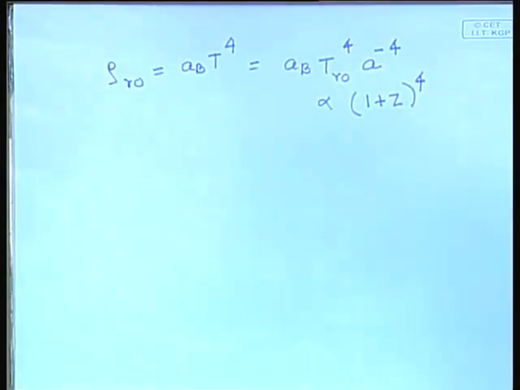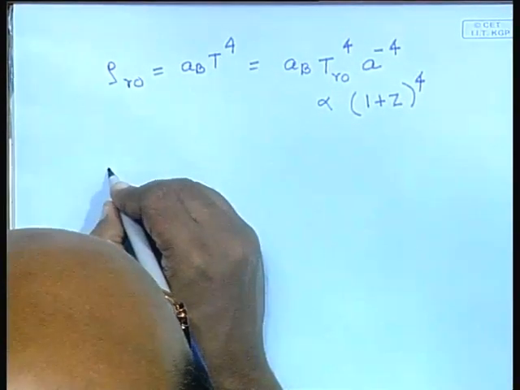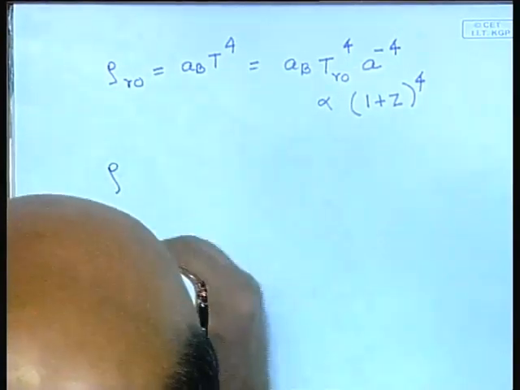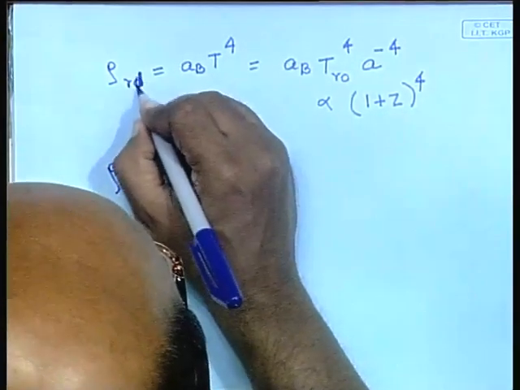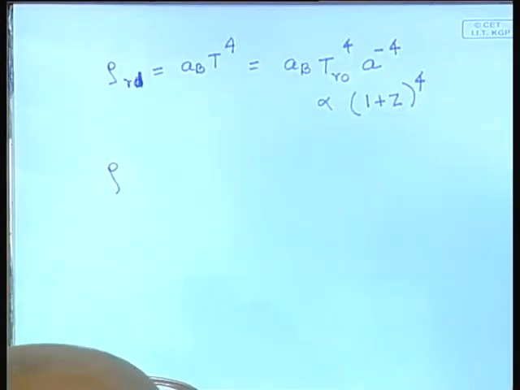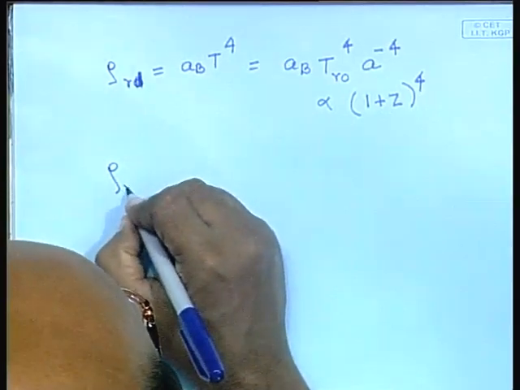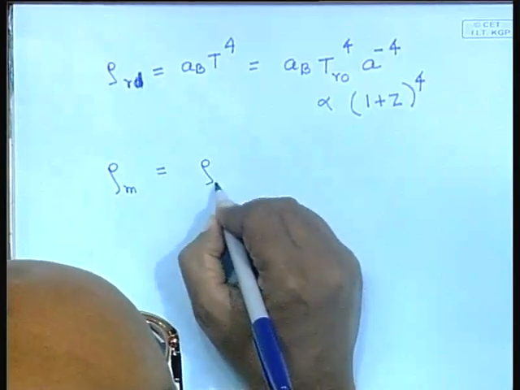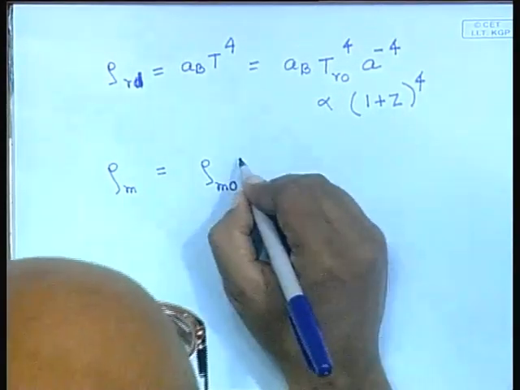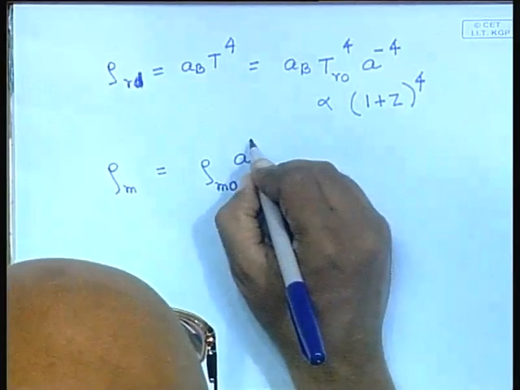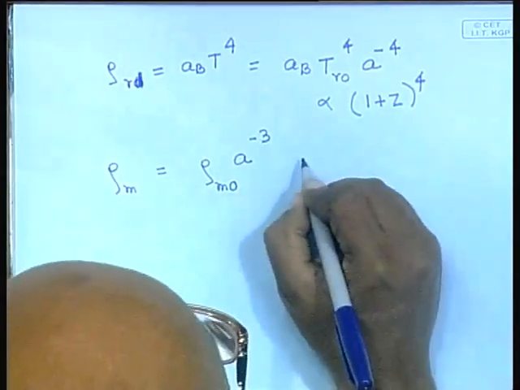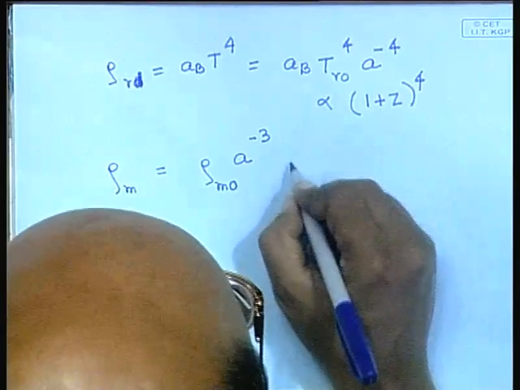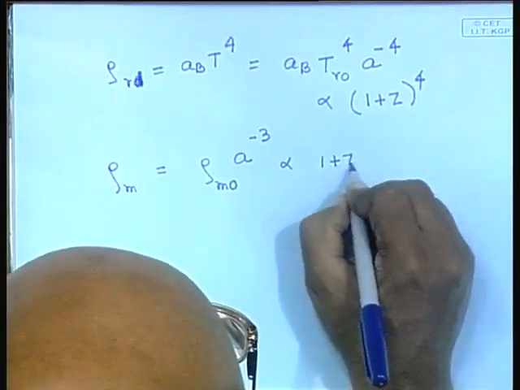We have also seen that the matter content of the universe scales as the present matter density into a to the power minus 3, or this scales proportional to (1 plus z) cube.